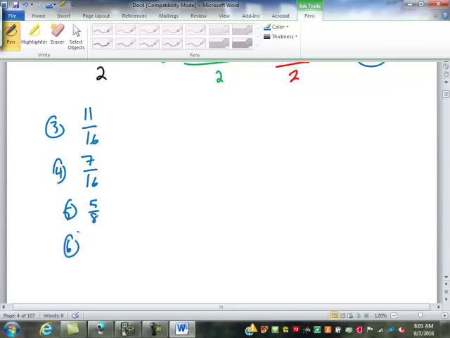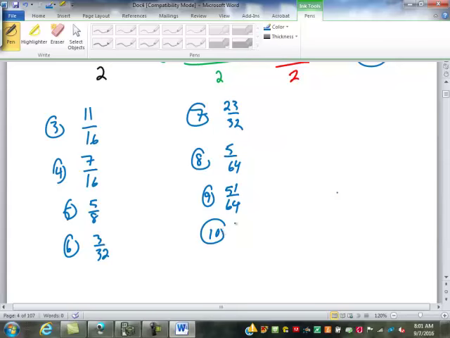Number 6. 3/32 is perfect. 7. 23/32. Good. 8. 5/64. Yep. 9. 51/64. And 10. 31/64. Perfect. Any questions on those?